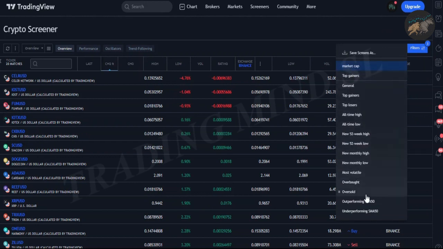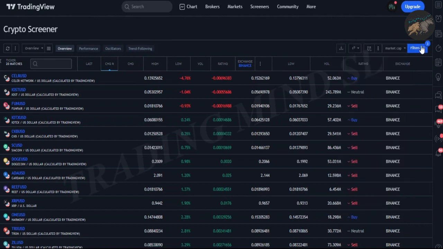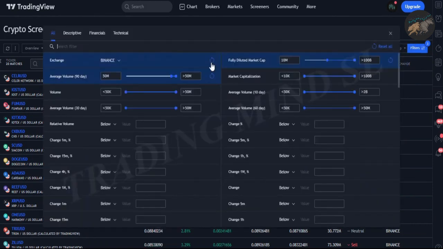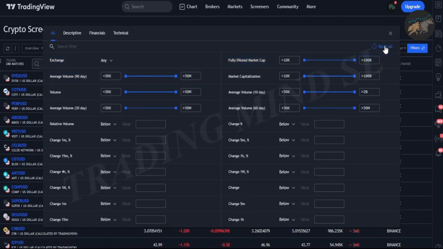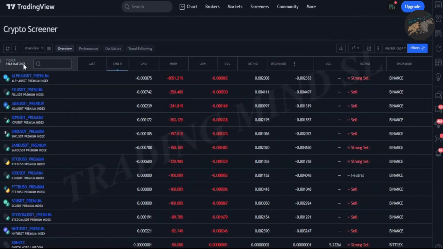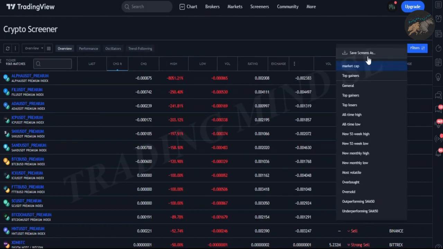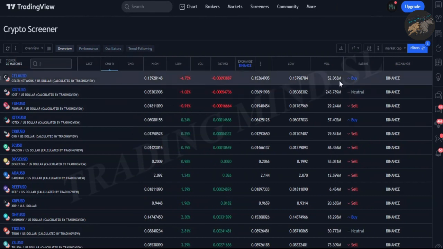Now when we click here, any screen that we saved will appear. Okay, let's delete all filters and see what happens. Yes, all currencies are back here. And when we want to go back to the screen that we saved, we will find it here.